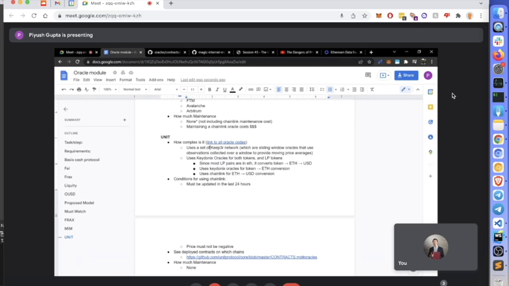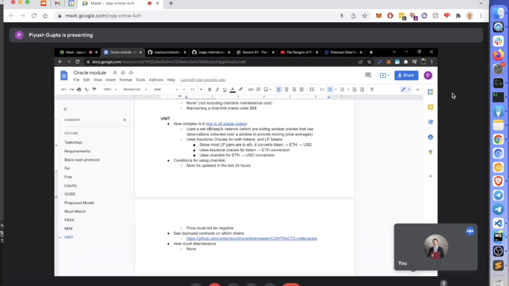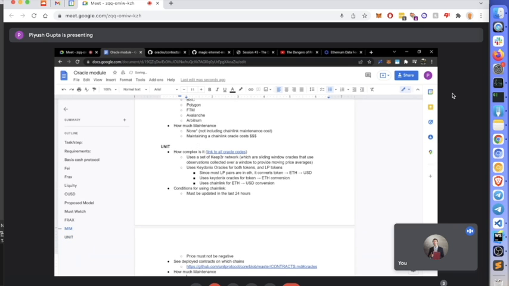The Keeper network is a sliding window oracle on Uniswap that is similar to a time-weighted average protocol, but herein you don't have to do the maintenance yourselves. You incentivize keepers on the Keeper network to periodically call the function for you, and you pay them in terms of Keeper tokens. Is it correct to say that Keeper is a competitor of Chainlink?